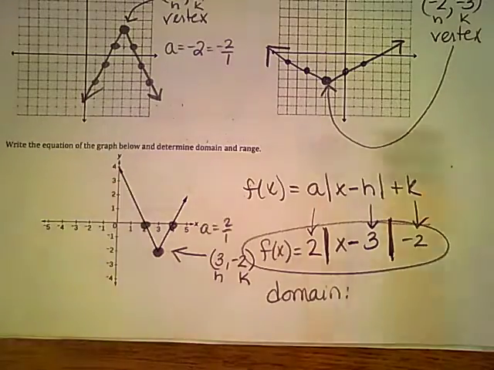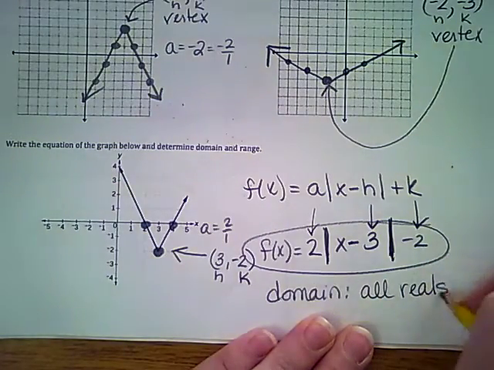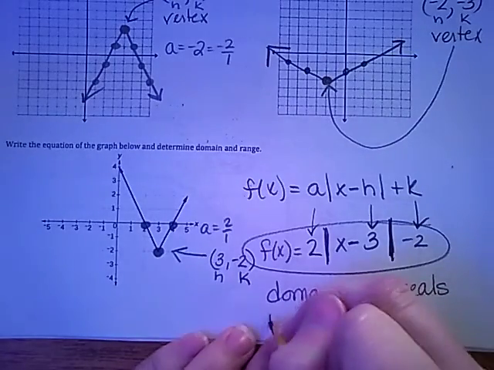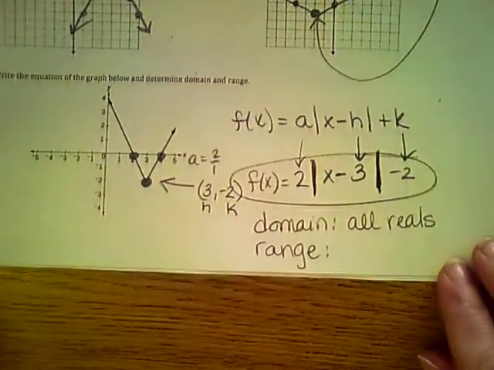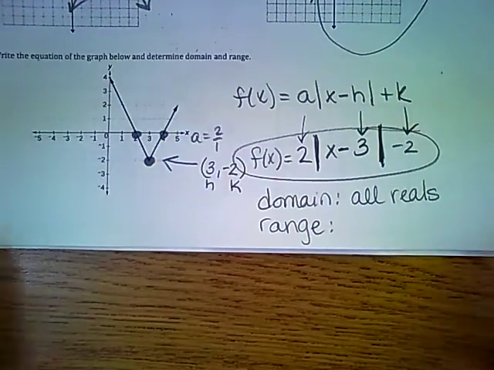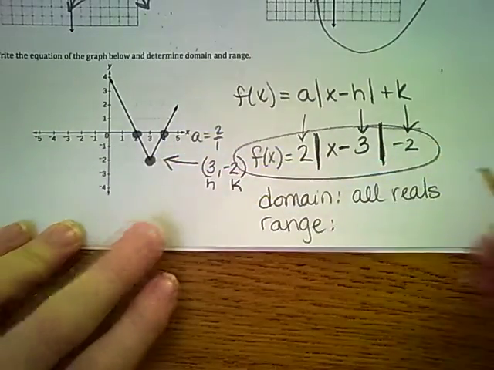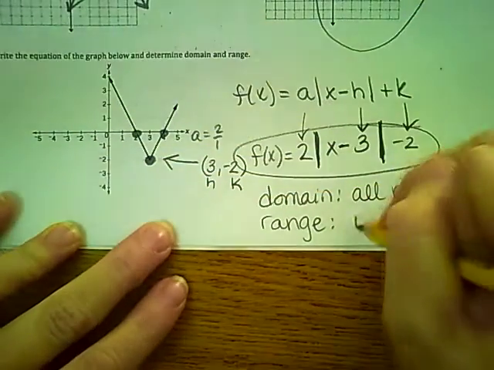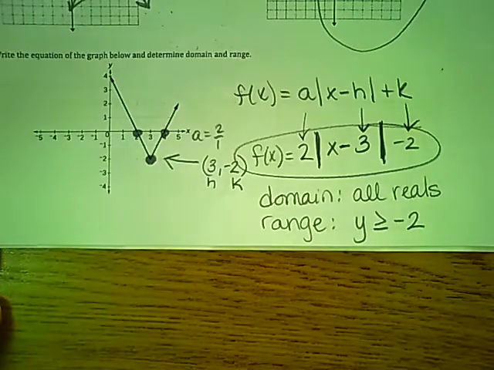So left to right, there's no endpoints. That's all real numbers. Range. The lowest point is at negative 2, and then it's above that, so y is greater than or equal to negative 2.